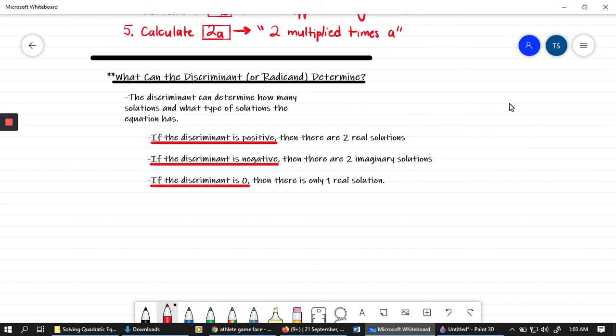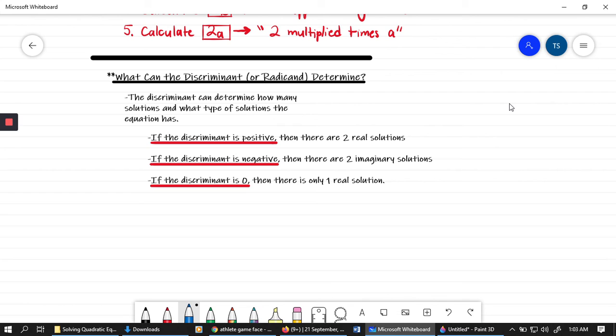If the discriminant is a negative number, then there are two imaginary solutions. And if the discriminant is 0, then there is only one real solution. Now, I'm going to erase what I'm about to write here, but again, it should sort of make sense.